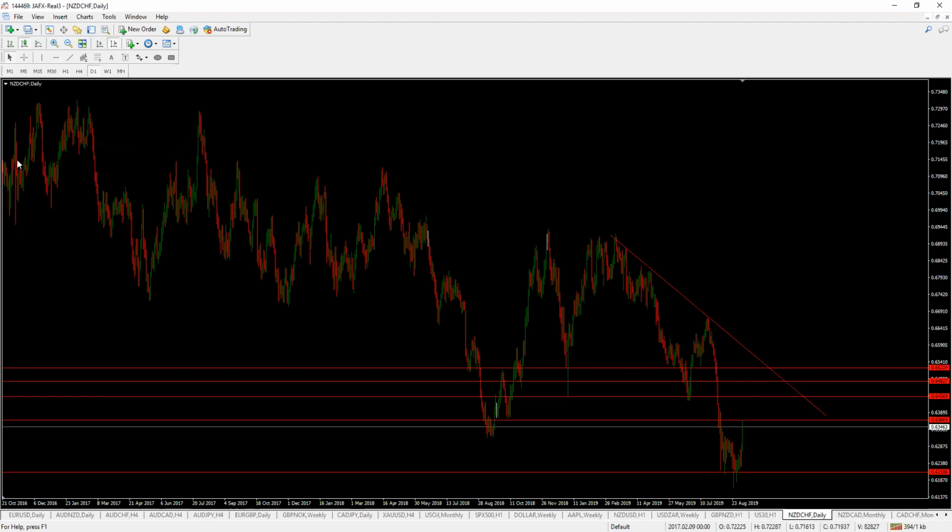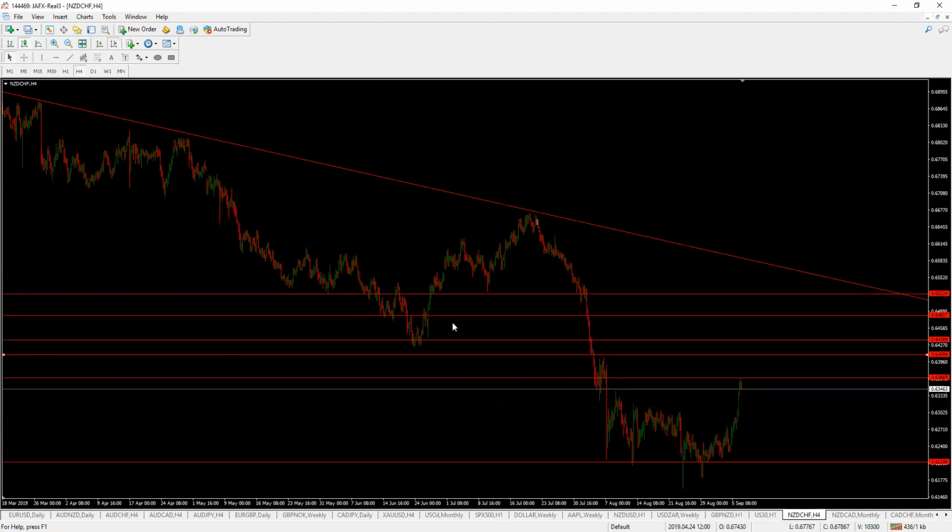Okay, so I see another area. This is a broken area that needs to break. See, we have it right here. Since this is our high, the high of the month, what I want to do is wait for a small pullback, right?